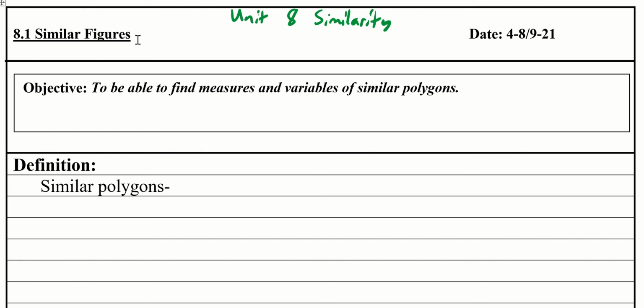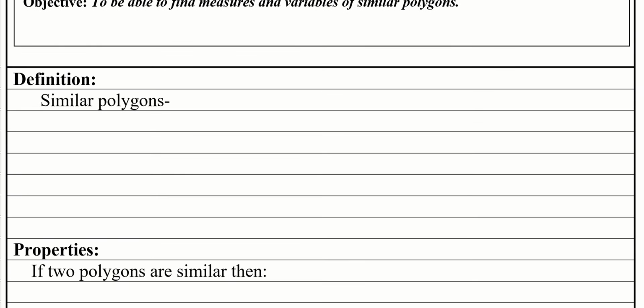And we want to be able to find measures and variables of similar polygons. So diving right into it, what does that mean? Remember, we talked about the fact that a polygon is just really a shape.